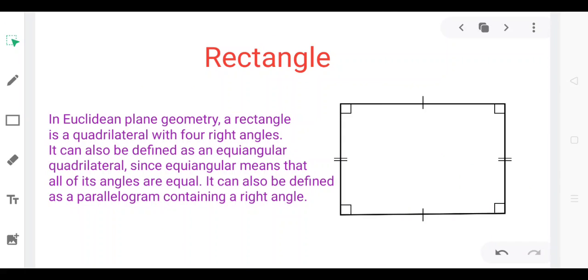First is rectangle. So what is a rectangle? In Euclidean plane geometry, a rectangle is a quadrilateral with 4 right angles.